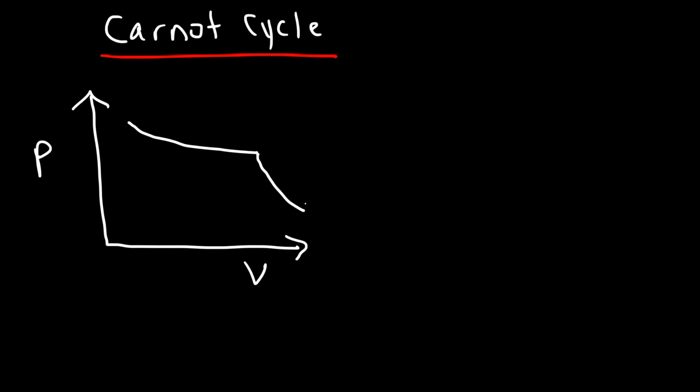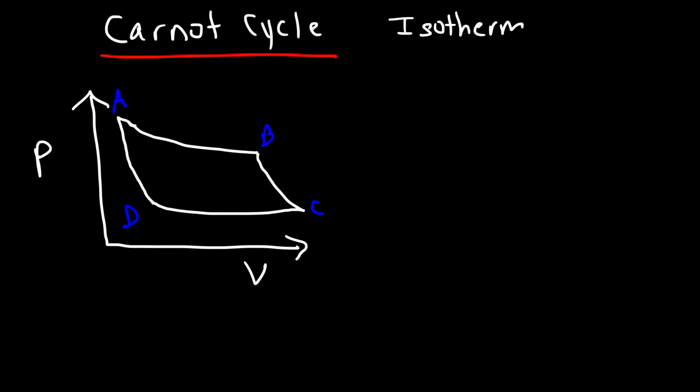The second step is an adiabatic expansion. And then we have an isothermal compression, and then an adiabatic compression. So let's call this A, B, C, and D. So for step 1, we said we have an isothermal expansion.